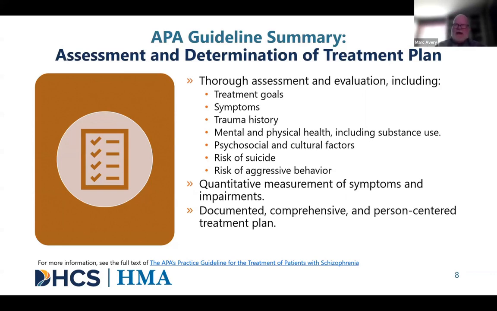Why did the APA add this second part of quantitative measurement? Part of it is because in previous years, we've maybe not been so good at that, not so good at saying, okay, this is what the person was challenged with. These are the symptoms that the person had 6 months ago. How are they now? Where do we want to get to?